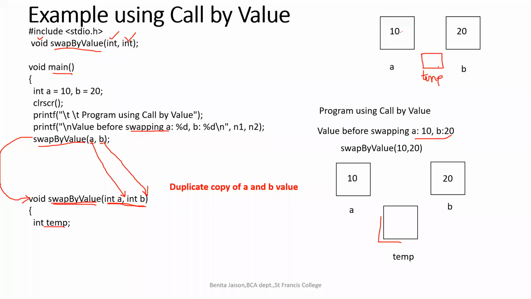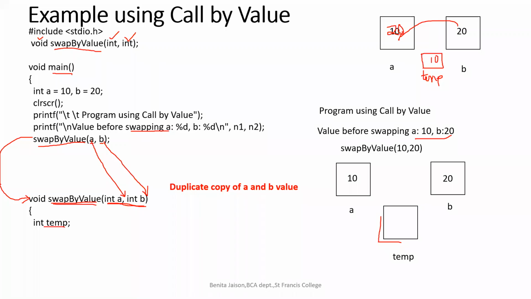So what will happen now? We will have the value of a in temp, right? Now I will assign a equal to b. If I do a equal to b, it will overwrite 10 with 20. But no need to worry, because we have a duplicate copy of a in the variable called temp, right?